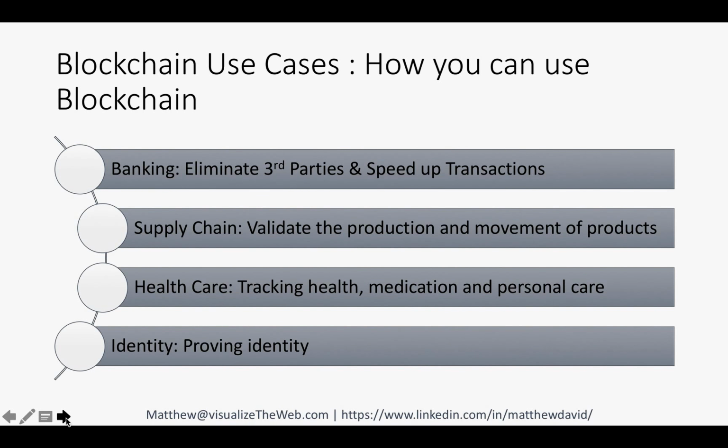So if we take one into consideration, such as supply chain, with supply chain, what we can use blockchain for is that if you take an item, and let's say that it is bananas, the banana, when it is harvested, can be the first item in your blockchain, and you can then have a record which says it was harvested at this field at this time by this farming company, and then you can keep appending to that record as it moves through the supply chain.